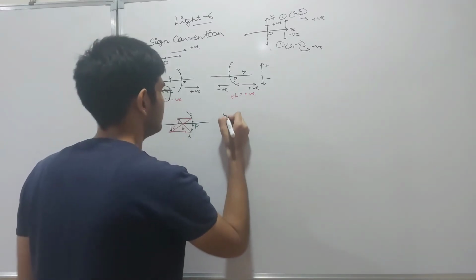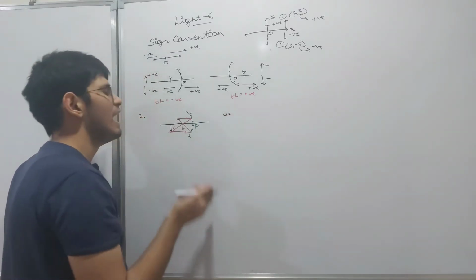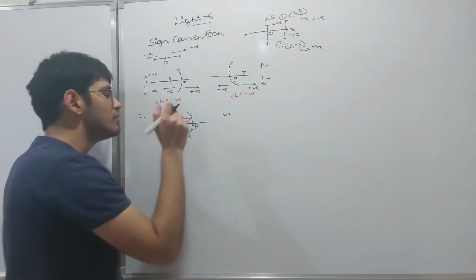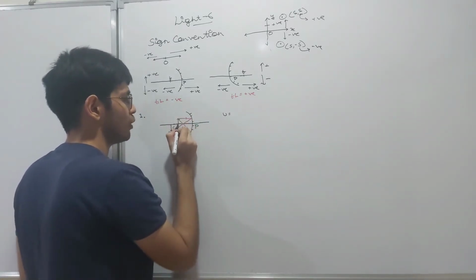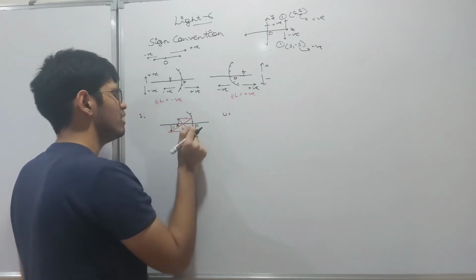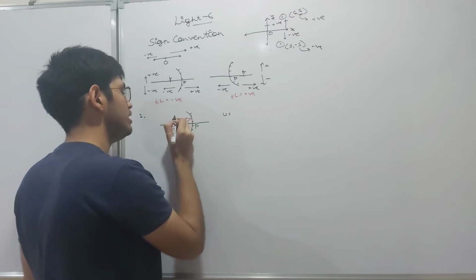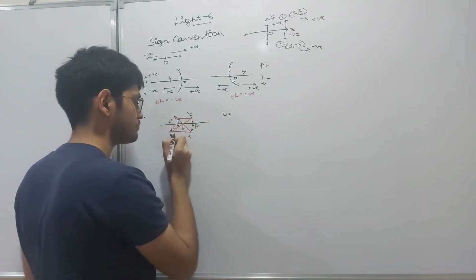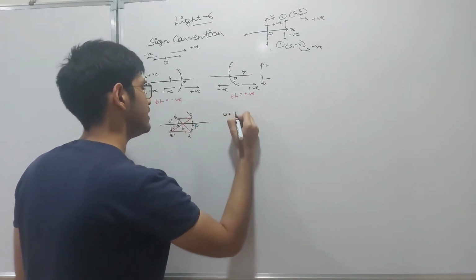The object distance is taken as the distance between the pole and the position of the object. This is the pole, and this is the position of the object. Let it be A, so PA, and let the top be B, the image A dash, and B dash. So U is equal to PA.